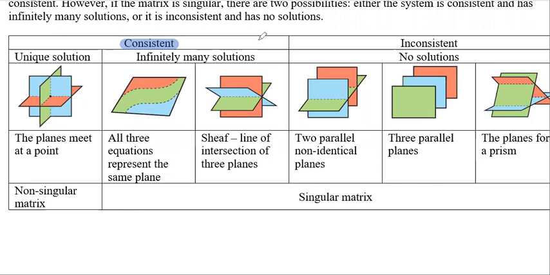So if that's the point of intersection and it's an infinite set, well, it's an infinite set of points, isn't it? It's going to be a sheaf because it's this line here where the three planes coincide. The three equations don't represent the same plane. That's clearly true because they weren't the same equations at all. And we've ruled out there being a unique solution because the determinant was 0. So it's consistent and we're going to get a sheaf in that case.